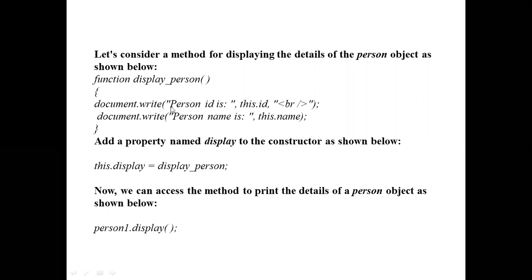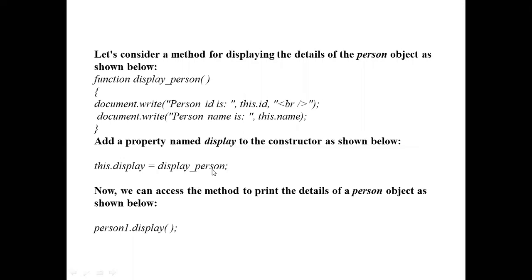In this method we write two output statements, person id and person name. Then we add the property name display to the constructor as shown below. So this.display equal to display_person, that is the method.